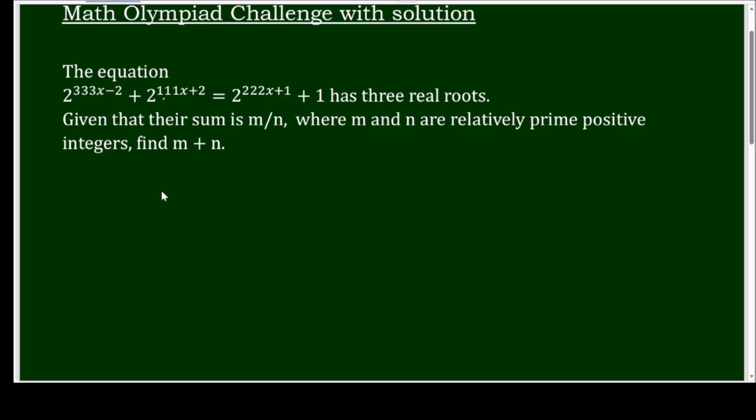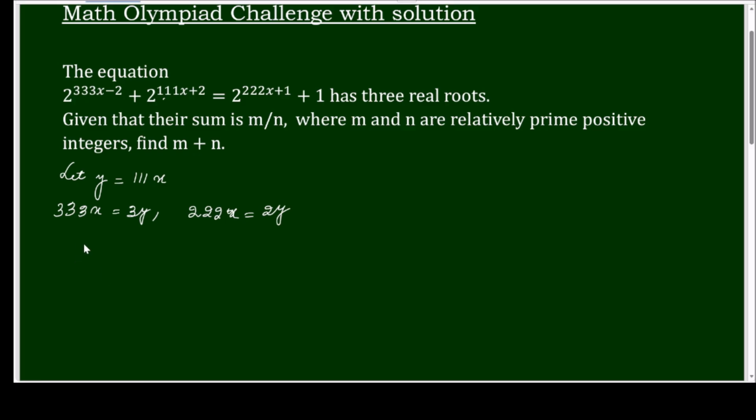So to make a relation among them, let us take y equals 111x. Then 333x will be 3y and 222x will be twice y.